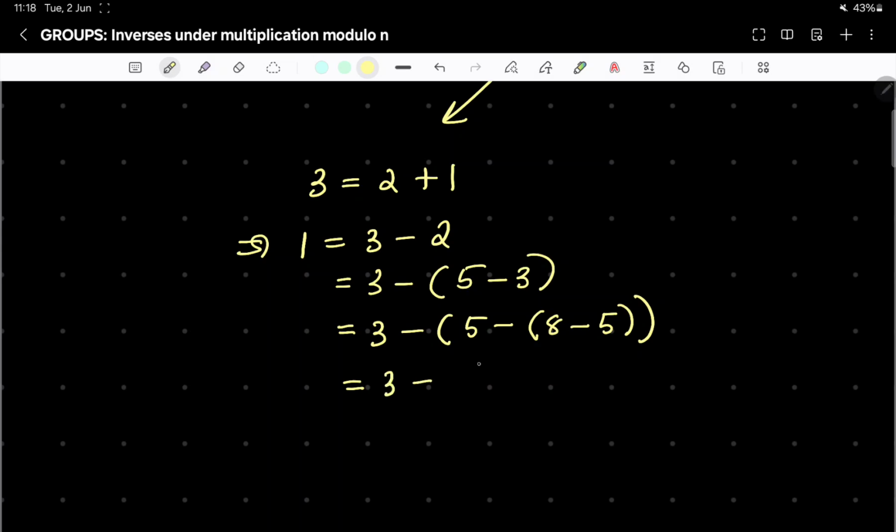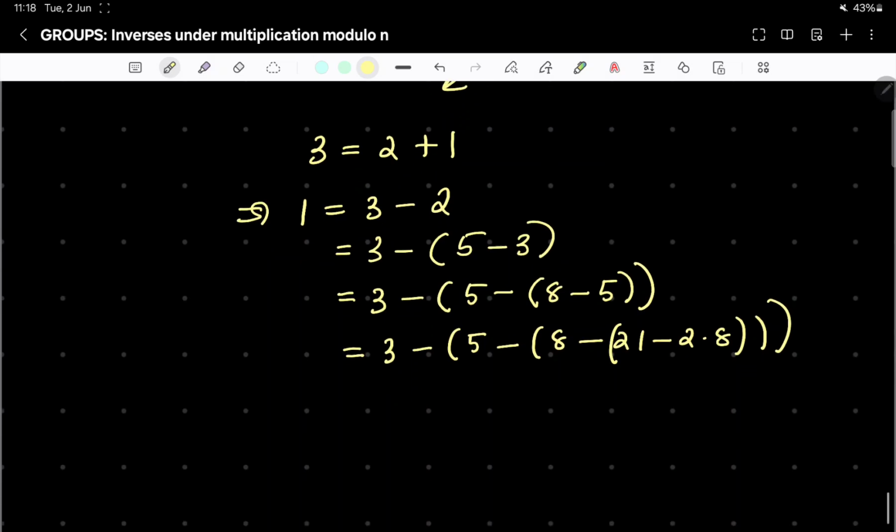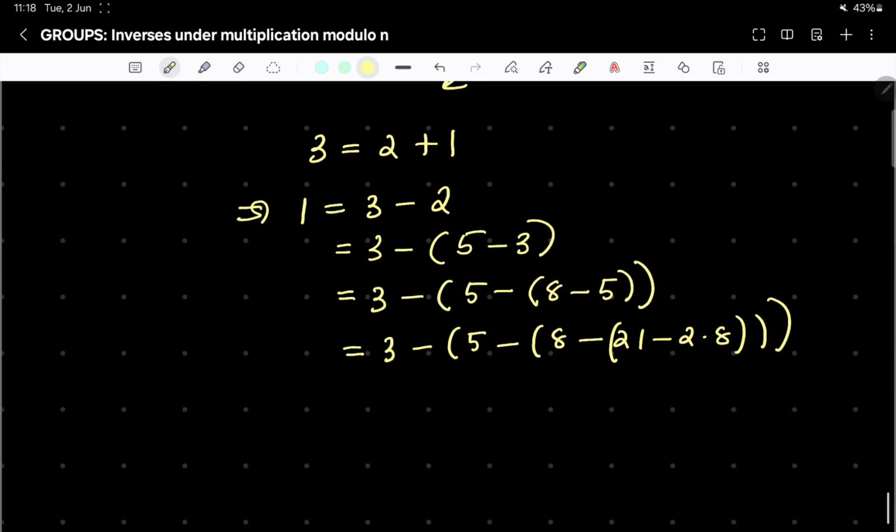So 3 minus 5 minus 8 minus 21 minus 2 times 8. So this much you have. So you have now 8 and 21 in your hand.